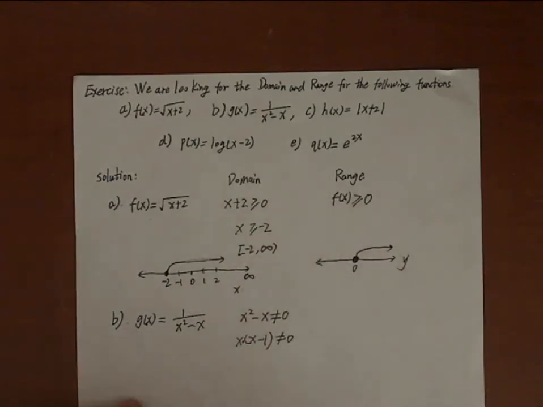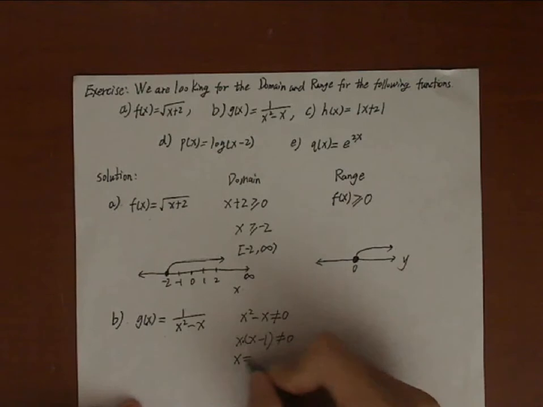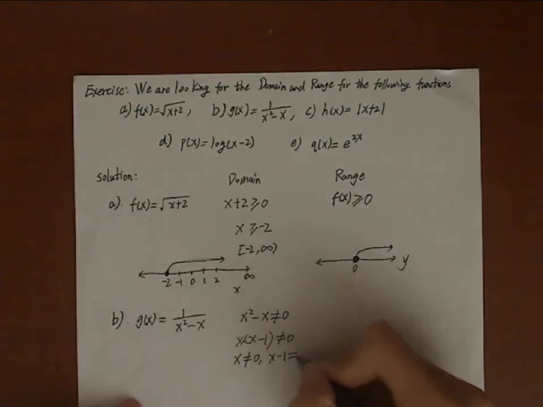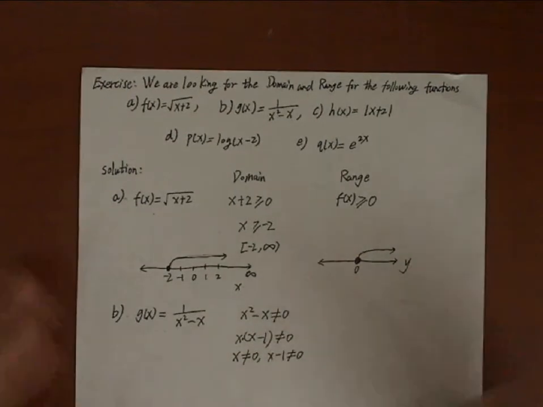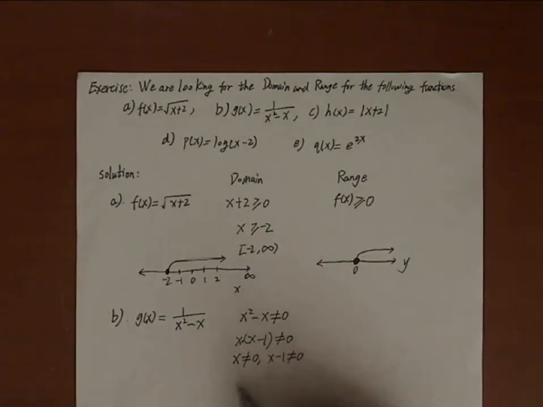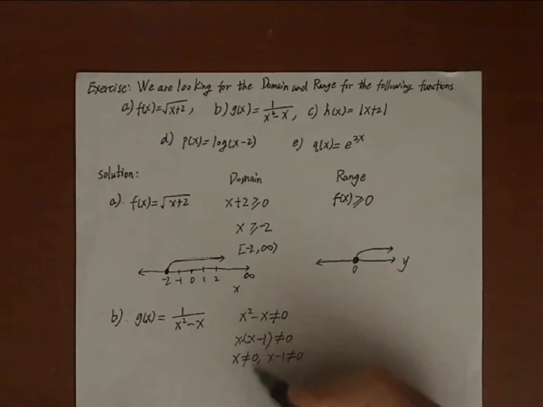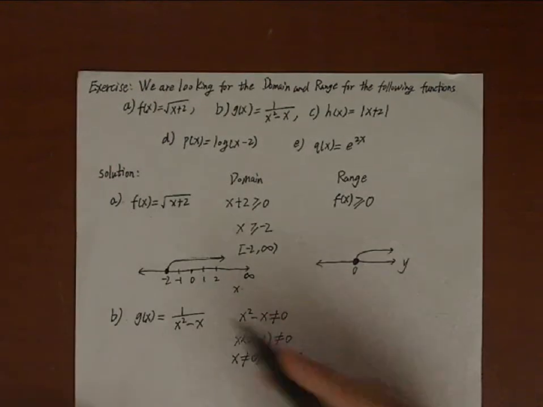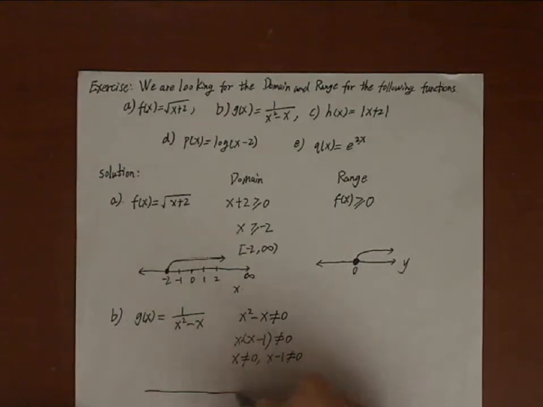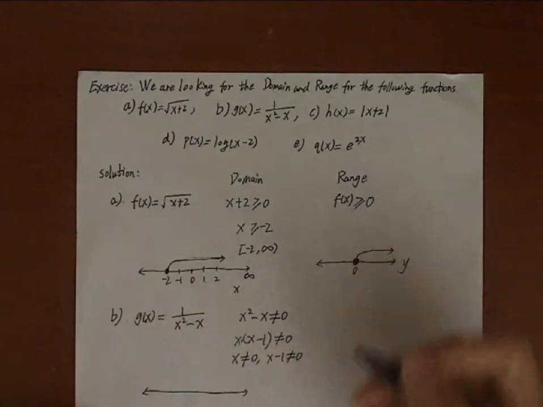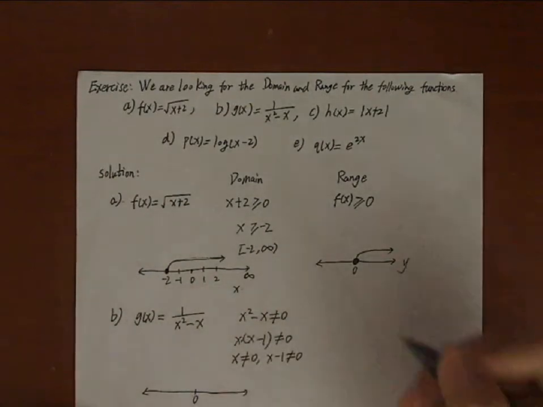This is a multiplication in between, which means I can separate them. I get two parts that each cannot equal 0: x cannot equal 0, and x minus 1 cannot equal 0. If I draw a number line, I have a 0 here.